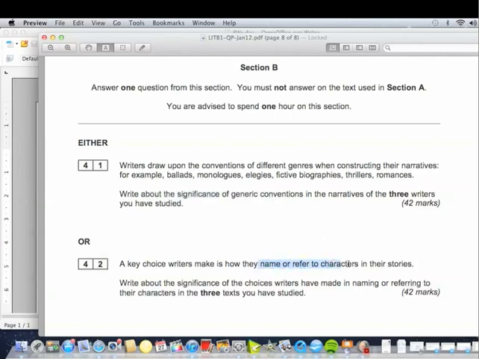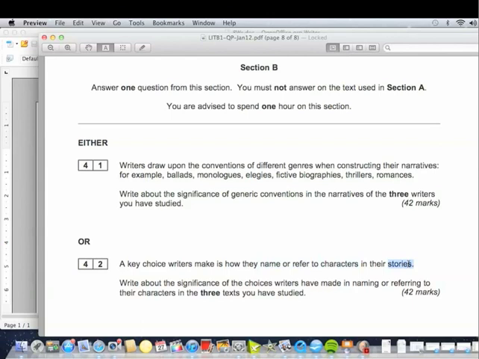I'm going to remember that these names or references always need to be clearly identified in relation to the overarching story. So anything that I say is going to be with what impact it has on the story, or how it helps to construct the story.